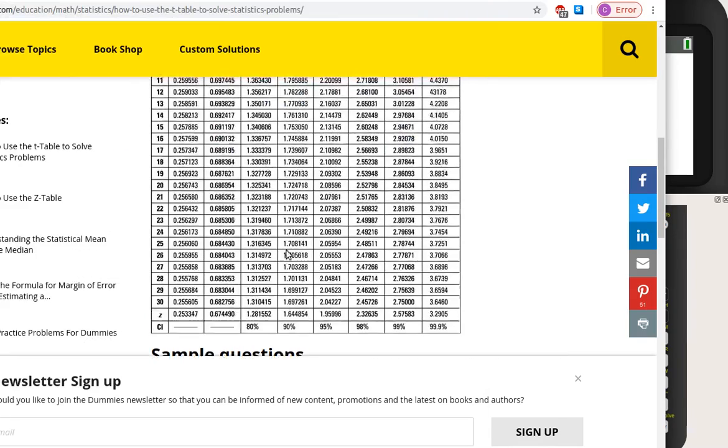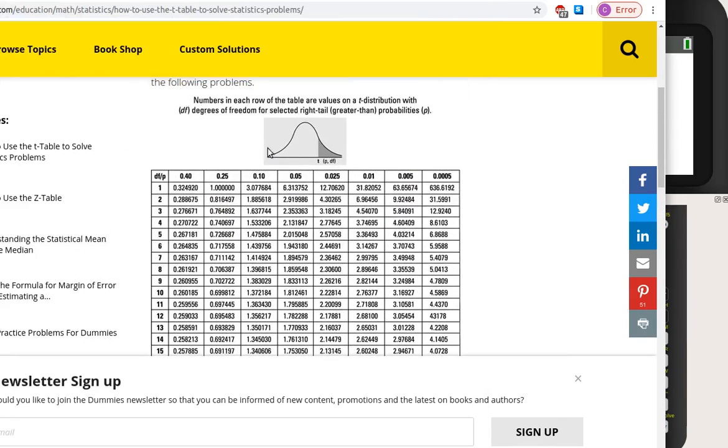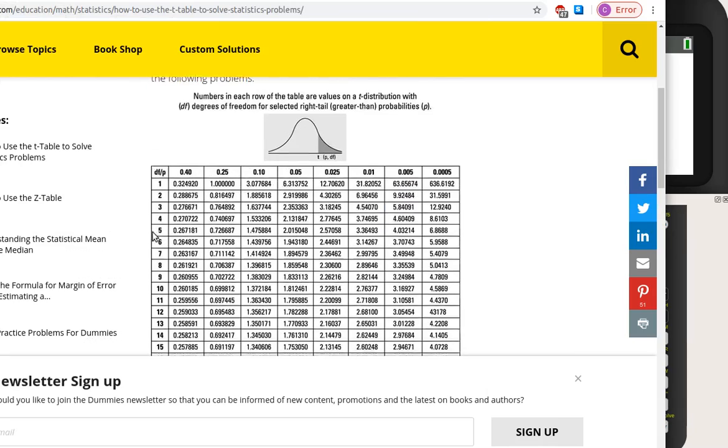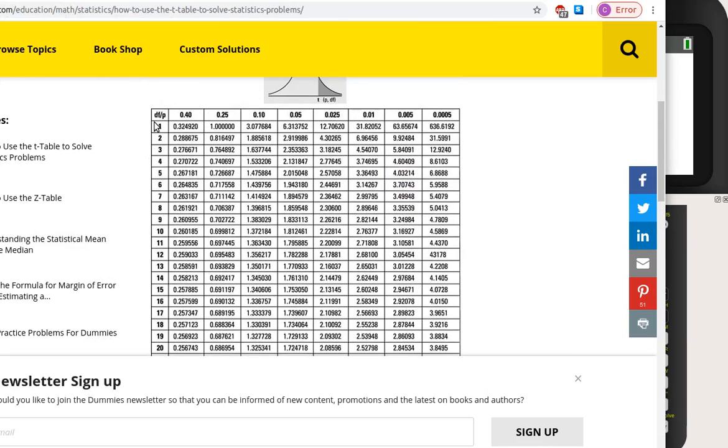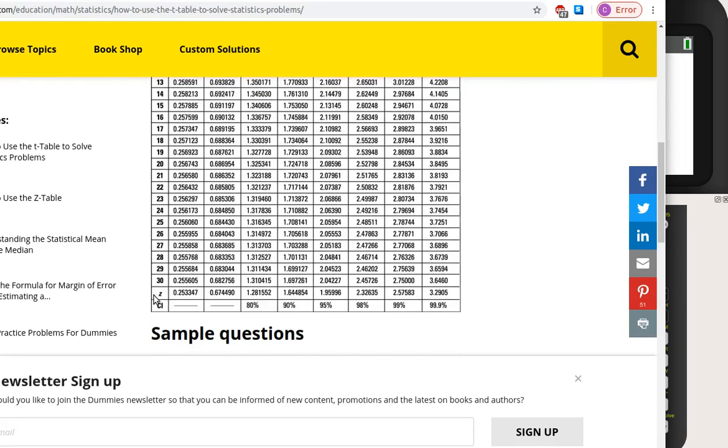But if you ever pull up one of these t tables, the degrees of freedom are the numbers going down the left side, like 1, 2, 3, 4, 5, and so on. They max out somewhere. This one maxes out at 30. But you'll notice that between 30 and the ultimate value, they're really close together.